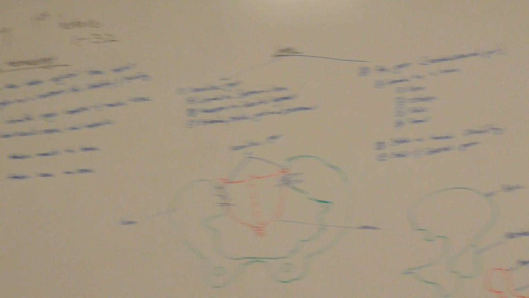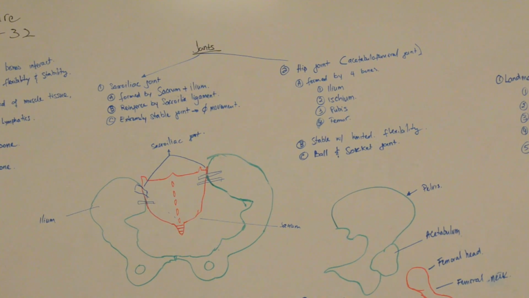Now let's look at some of the joints that were discussed in the lecture. The first one was the sacroiliac joint. It is formed by the sacrum and the ilium. The sacrum's right here and the ilium's right here, and this is the pelvic bone. The pelvic bone is formed by three different bones that are fused together: the ilium, the ischium, and the pubis.